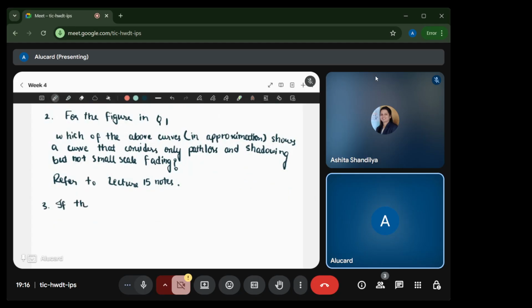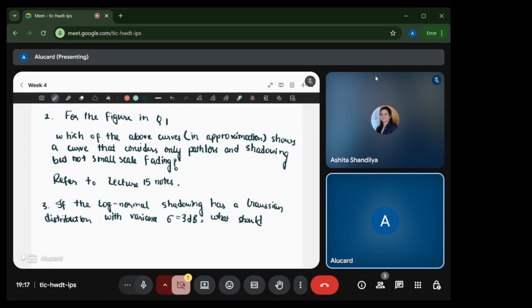If the log normal shadowing has a Gaussian distribution with standard deviation sigma of 3 dB, what should be the margin at the cell edge in order to ensure only 2% outage probability?